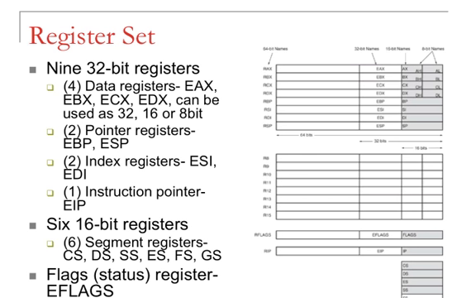This flags register is just the aggregation of these flag bits to indicate the outcome from the previous computation. Now you may wonder, why do we need to remember this status or results? It's not the numerical results.